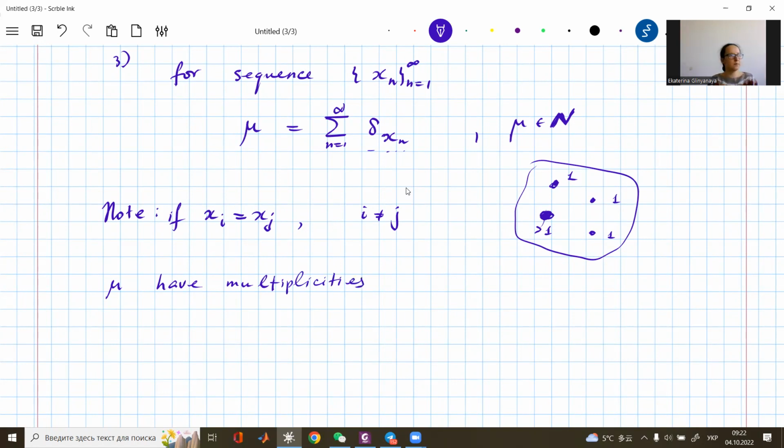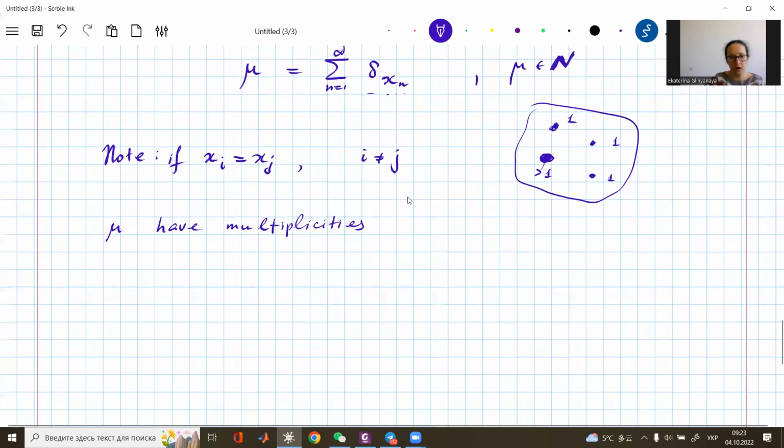So sometimes in some models it is useful to consider different weights for points. Sometimes it is useful to consider all points of mass 1. So this just depends on the model that you consider. Okay, now we understand what our space is.